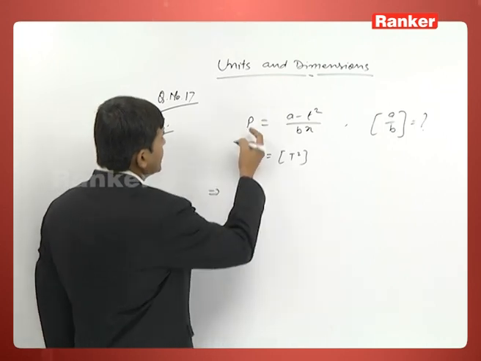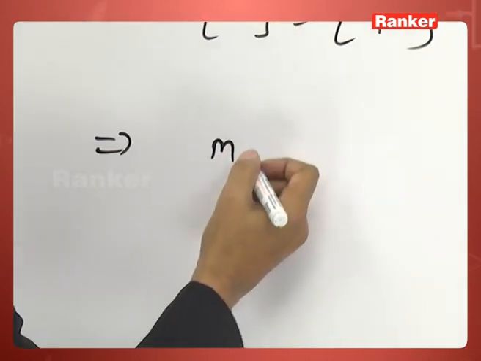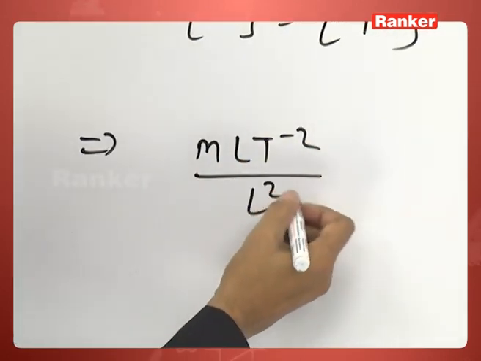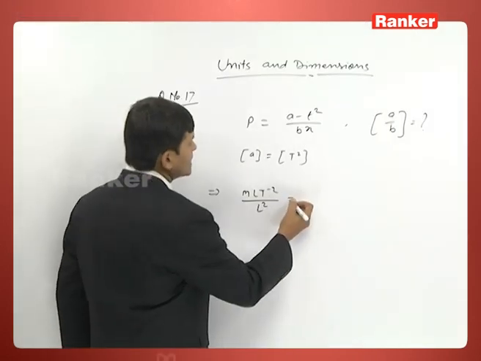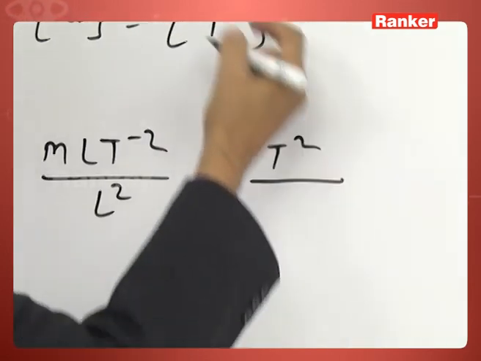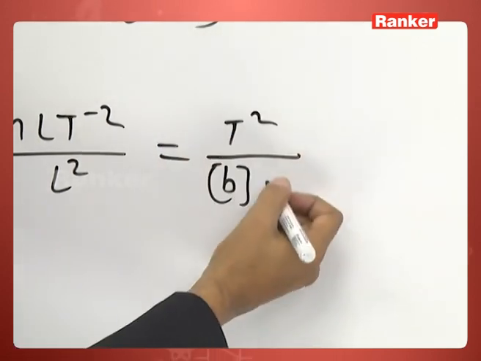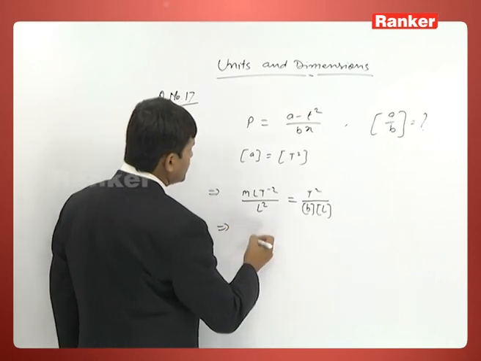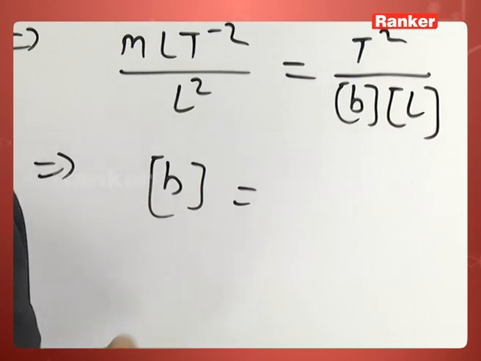Now this has dimension T square, and this is L. So now we can write from here, the dimension of pressure is force per unit area. The force is MLT^-2, the area is L square. This is the pressure. That is equal to the dimension of T square by the dimension of B times X, and X has dimension L. So the dimension of B we can write from here.